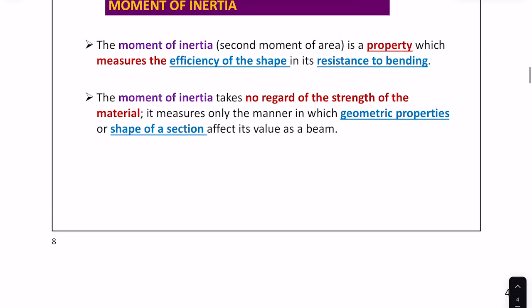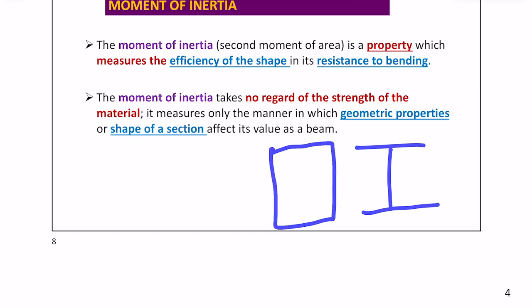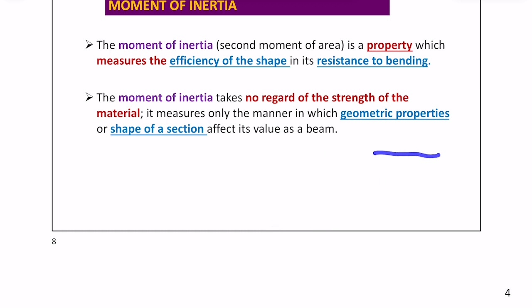That's why bila kita kira I-axis, for example I section, okay, dia lebih tinggi inertia dia walaupun the area sama saja dengan the rectangle section, but I section is more efficient.